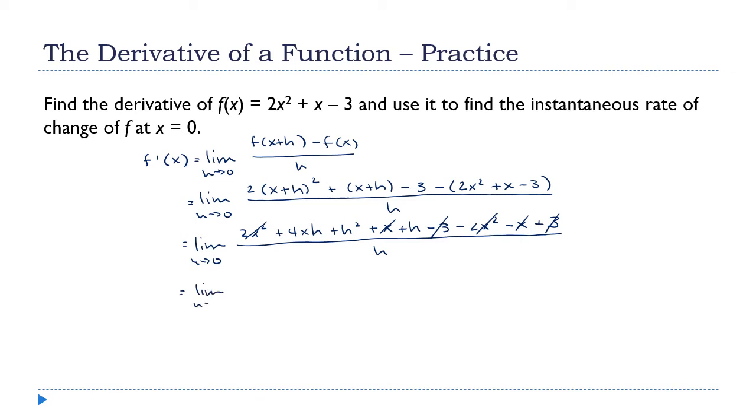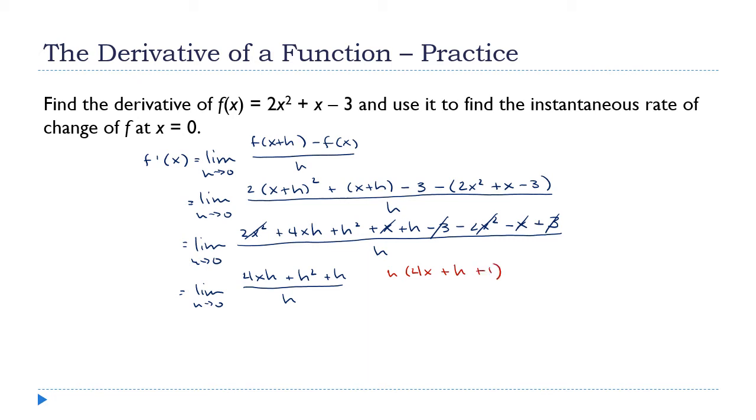Let's see what's left. The limit as h approaches 0 of 4xh plus h squared plus h, all over h. And that numerator is going to factor. I can bring an h out: h times 4x plus h plus 1.